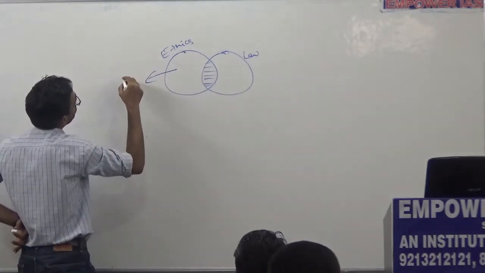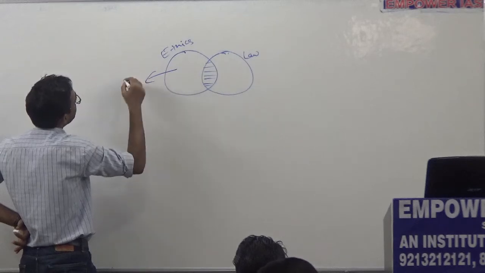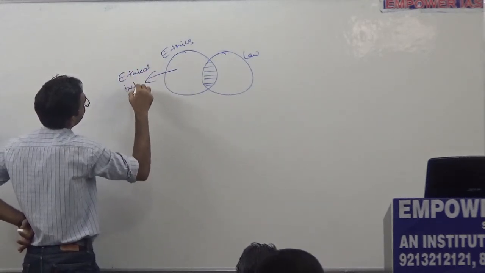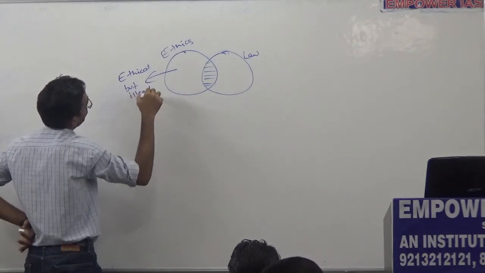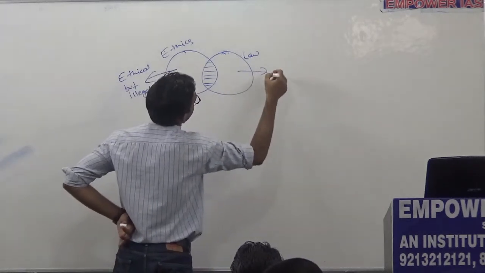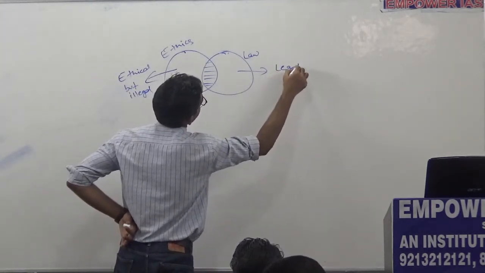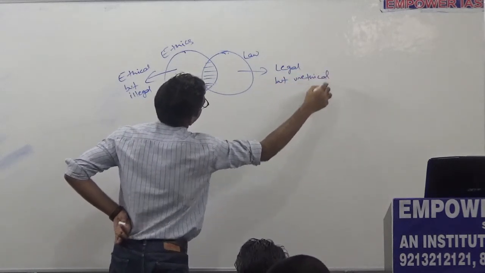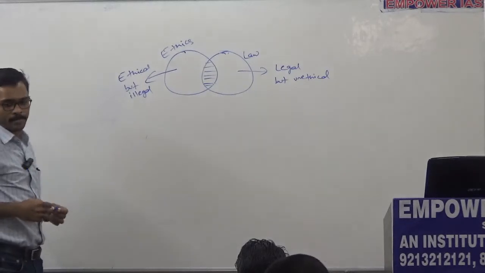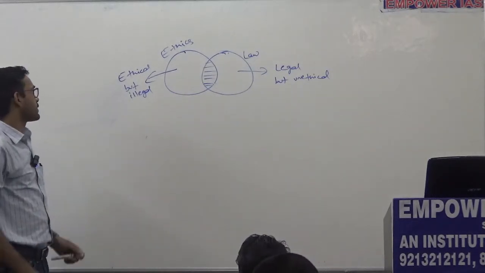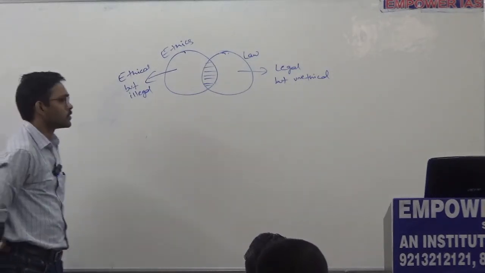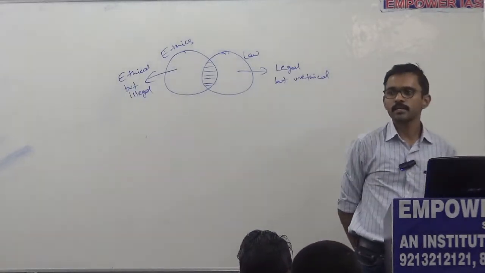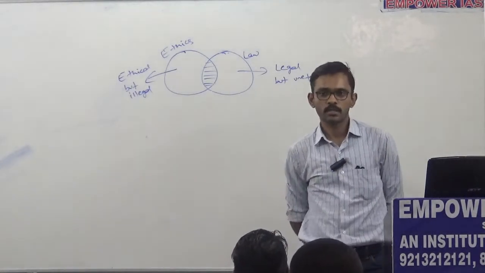This region includes activities which are ethical but illegal, and this includes activities which are legal but unethical. So you might get a question: what is ethical can be illegal and what is legal can be unethical.